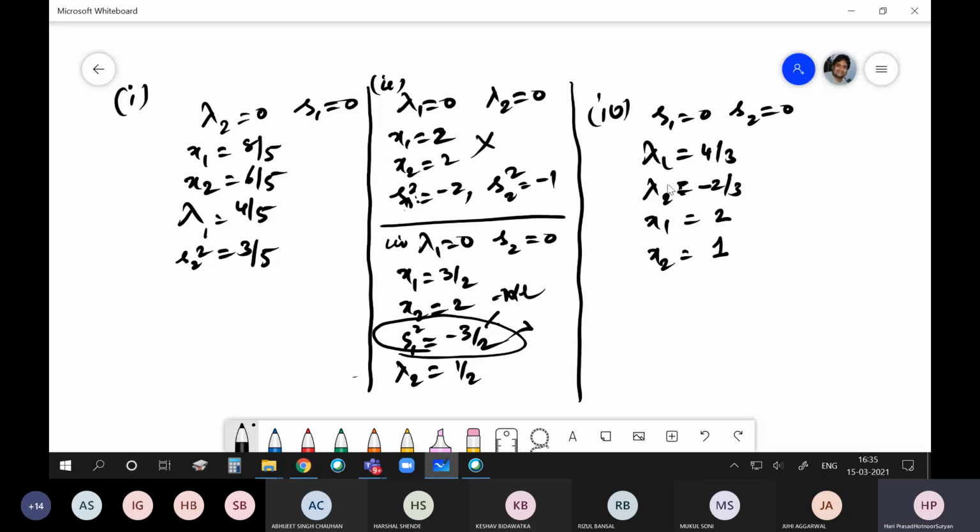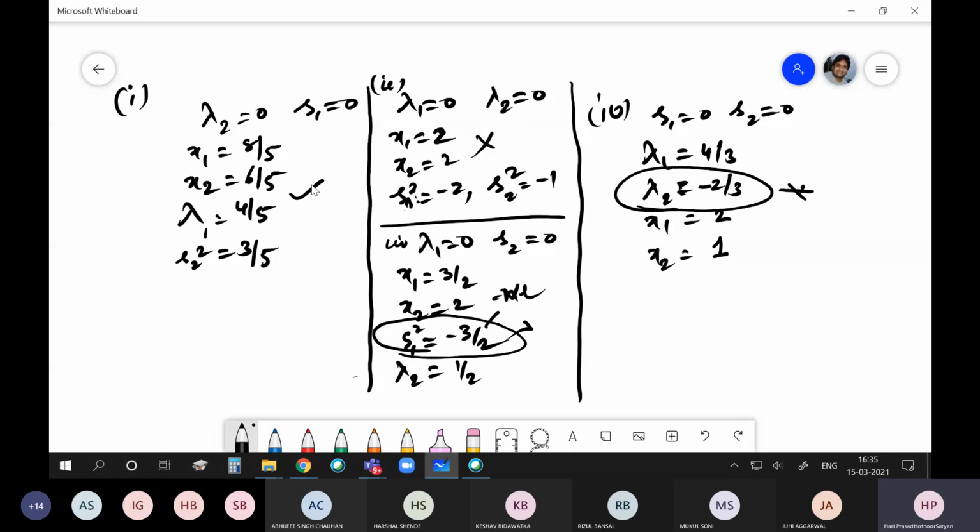What should be the values of lambda for less than or equal to constraints? They should be positive, no? But here we are getting a negative value for lambda 2. So this is a violation of the Kuhn-Tucker condition, and that's why this is also not valid. The valid one is the first one.